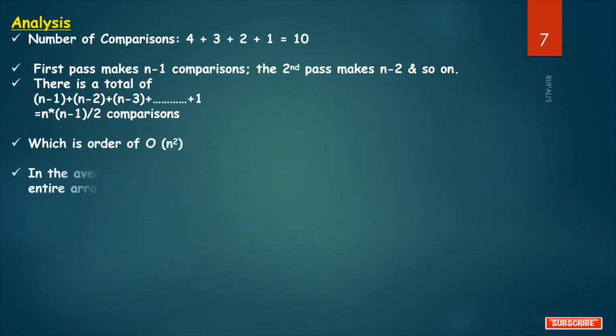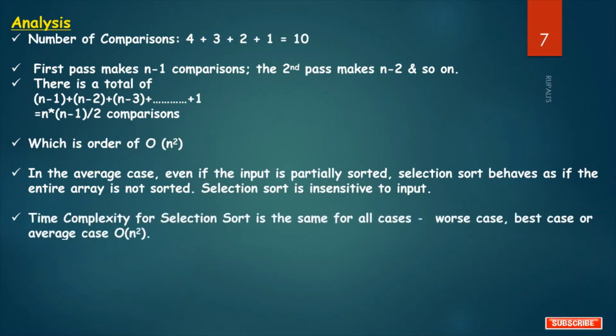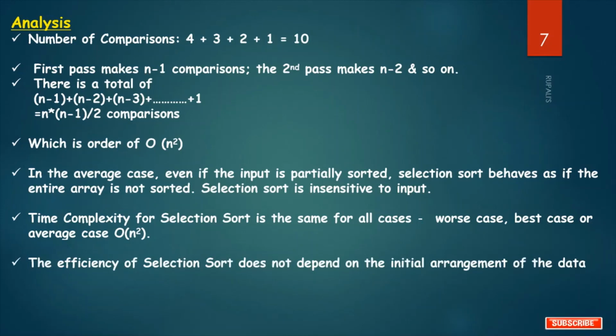Even if the input is partially sorted, selection sort behaves as if the entire array is not sorted. Selection sort is very insensitive to input. The time complexity for selection sort is the same for all cases, worst case, best case, or average case, that is order of n square. The efficiency of selection sort does not depend on the initial arrangement of the data.